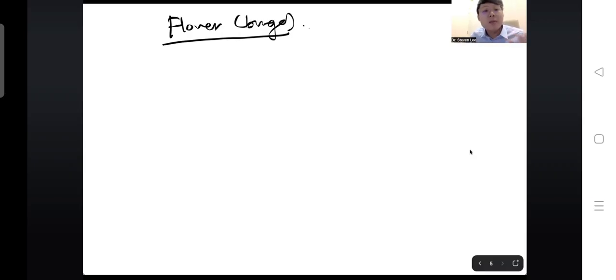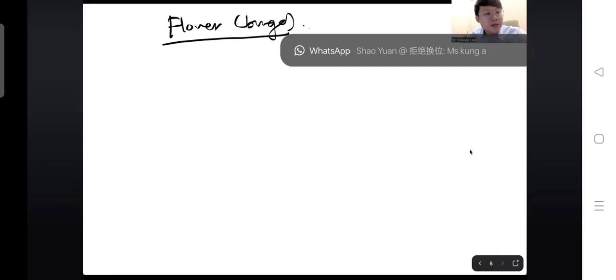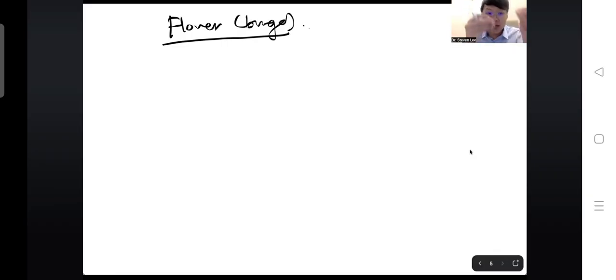So we are all unisex. So flower also is the same. Some flower are unisex. That means they only got the male part or they only got the female part. But mostly in our syllabus, we talk about bisexual flower. That means they have both the male and the female sexual organs in one flower.